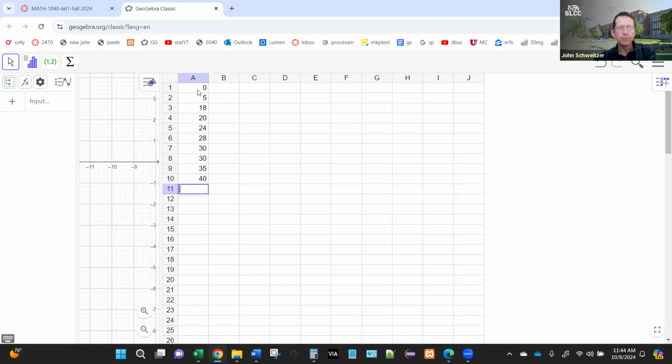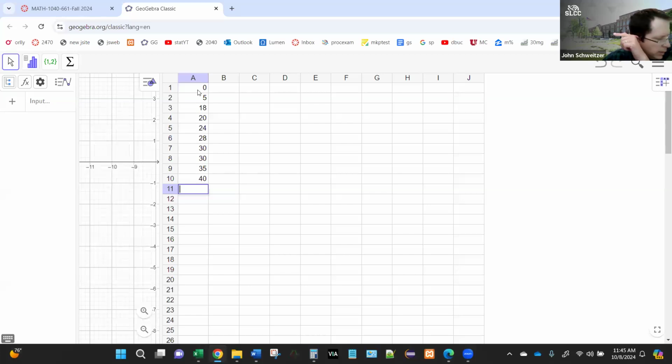So I'm just going to type it in. But when you get data sets that have 30, 40, 200 observations, you don't want to type that in by hand, right? So hopefully you know what I'm talking about with copying and pasting. When you get into the homework and these data sets are larger, try copying and pasting the data directly into GeoGebra if you can.